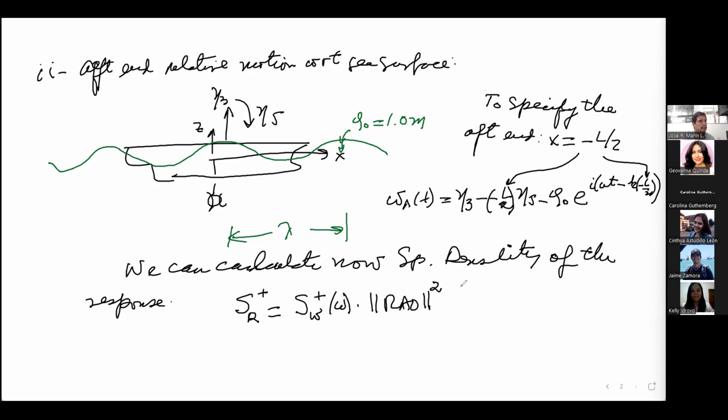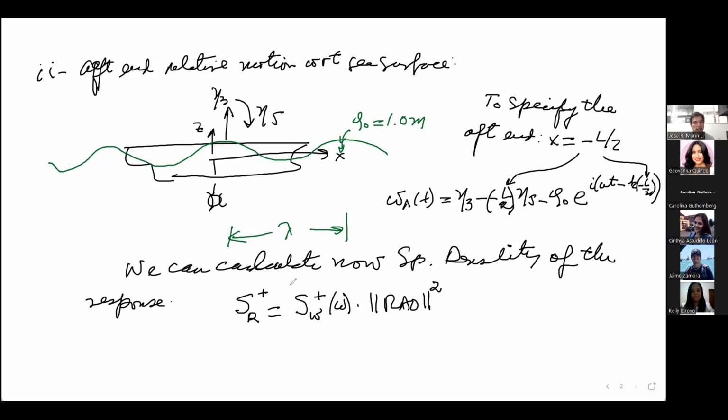So if we want to analyze the relative motion of the forward end, we use the RAO that we deduced on the first page. If we want to analyze the relative motion of the aft end, in this case we use this W sub A amplitude. So we can calculate both.